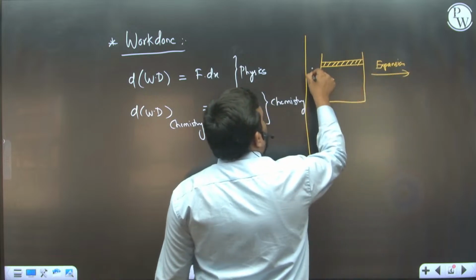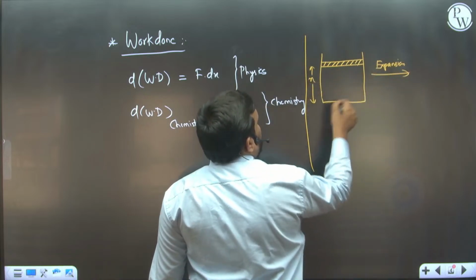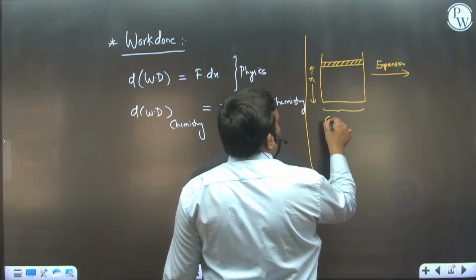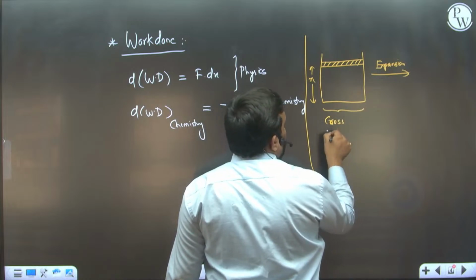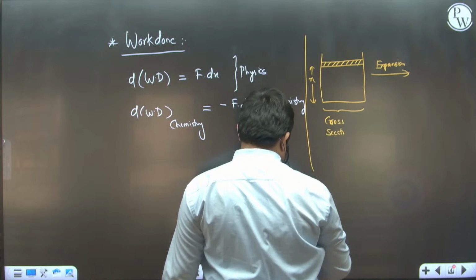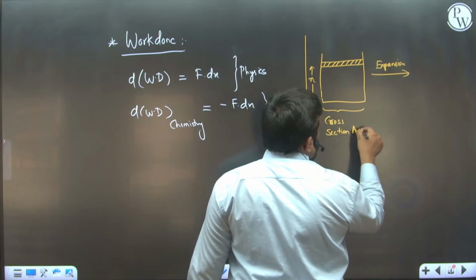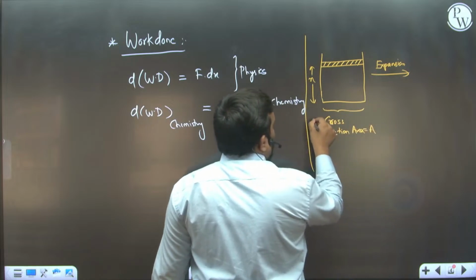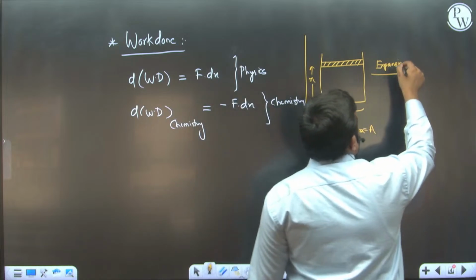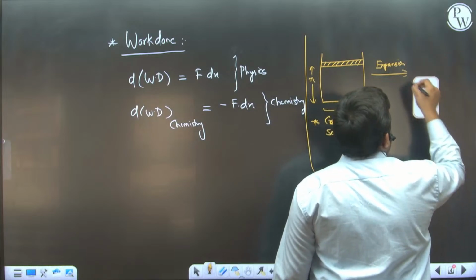You can see initially this length is x, cross section area is A. Cross section area is equal to A, and we are having expansion over here. What will happen?